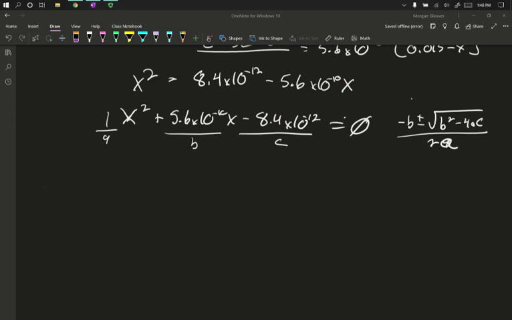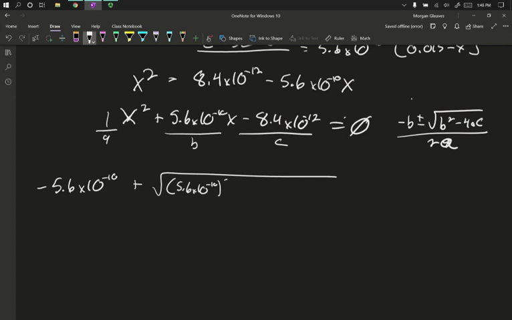Let's do the quadratic. Negative 5.6 times 10 to the minus 10 plus the square root of 5.6 times 10 to the minus 10 squared minus 4 times 1 times negative 8.4 times 10 to the minus 12.